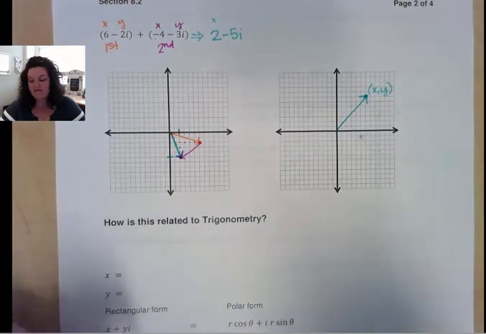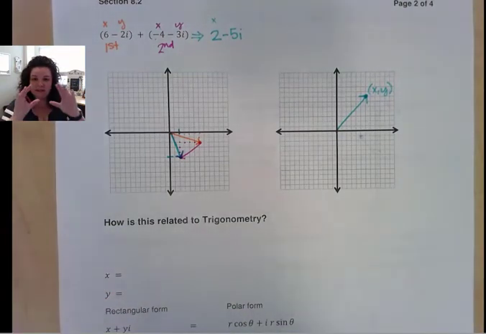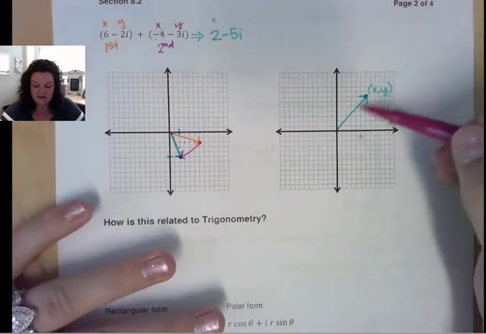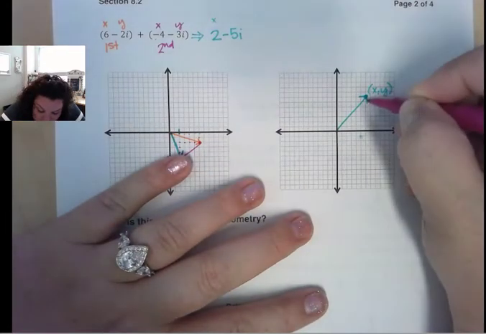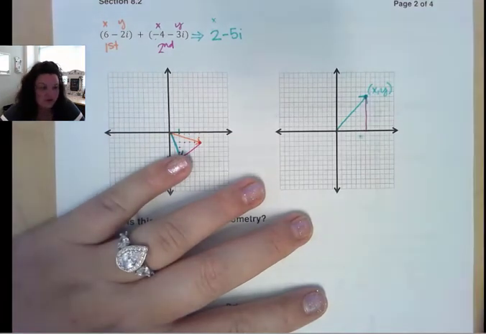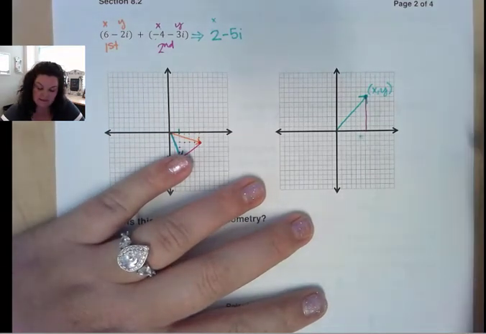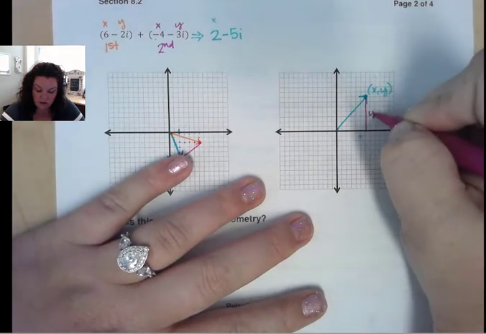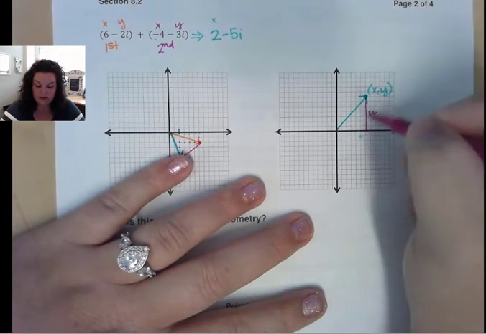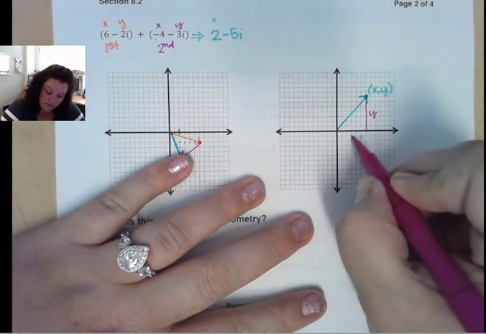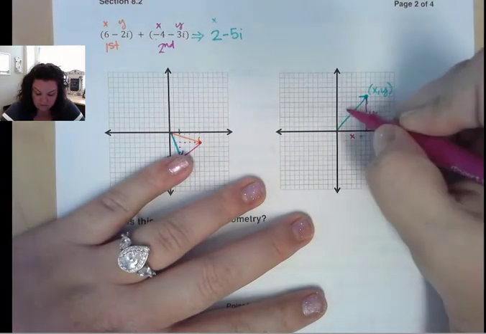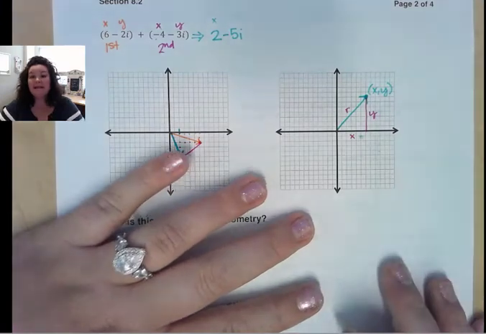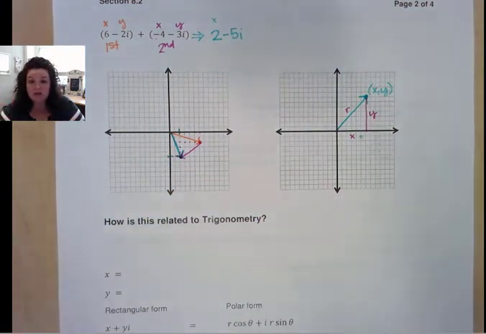If I have any vector, I should be able to label this vector in regards to a reference triangle, right? So I could drop this down to make a triangle, and I could say that this is my y distance, or my y side length. This would be my x side length, and this over here, my r, was my radius length or my hypotenuse length.